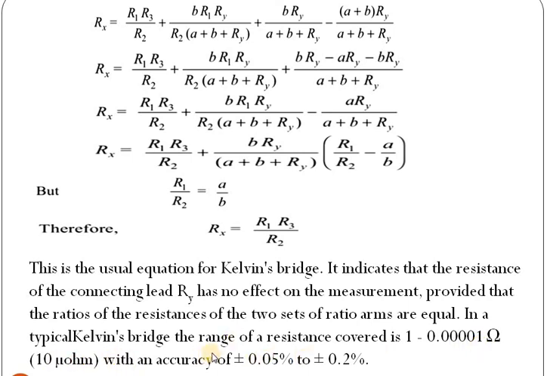So a typical Kelvin bridge is capable of measuring resistance from 1 to 10 micro ohm with an accuracy of plus or minus 0.05% to plus or minus 0.2%. Okay, this is about the Kelvin's double bridge.